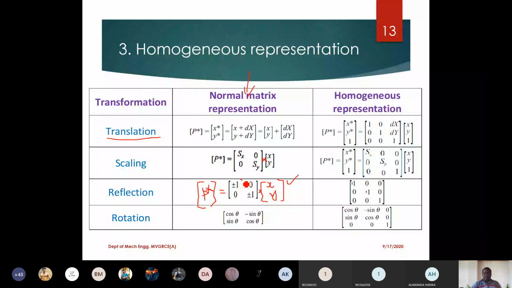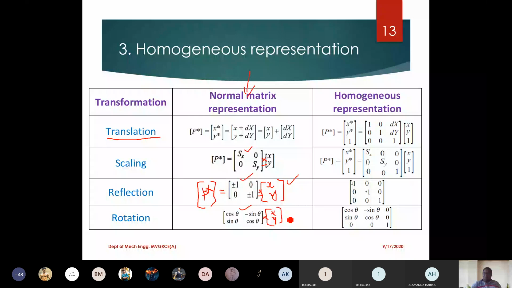Here also you can simply use this transformation matrix multiplied with some old coordinate, so that you can get the new coordinate p star. But here so three multiplication formats are there, whereas in case of translation it is not multiplication, but it is actually addition of two matrices.